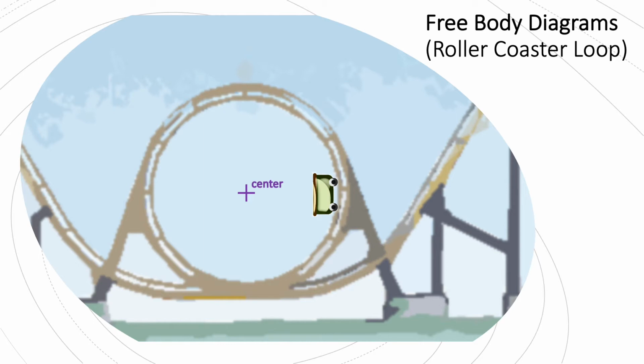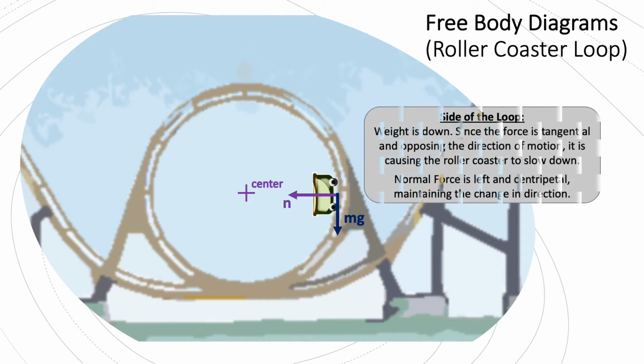Okay, now let's say the cart gets to here. What forces are acting on it? Well, we have the weight of the cart trying to pull it down. And this time the normal force, which is always perpendicular to the object it's touching, is pointing toward the center. So now you can see here on the side of the loop, they're both playing a different role.